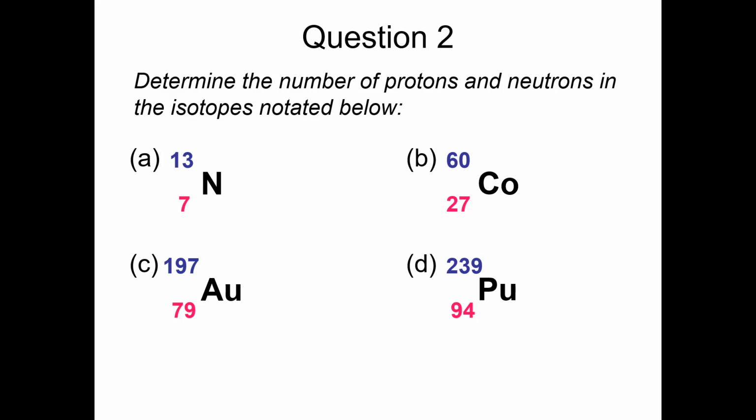Anyone who has got the answers, please let me know. Okay. The question is just asking that determine the number of protons and neutrons in the isotopes below.